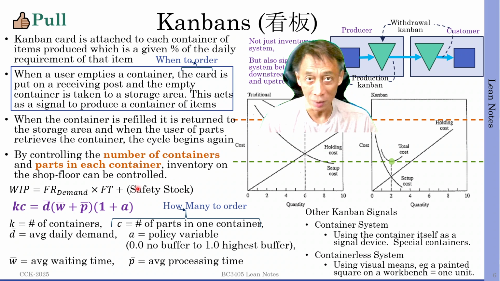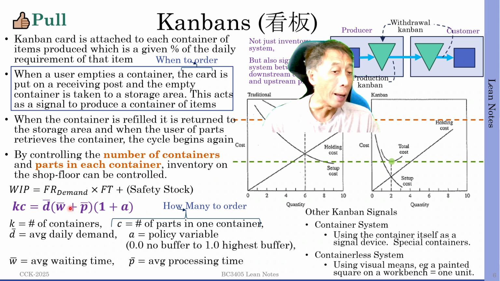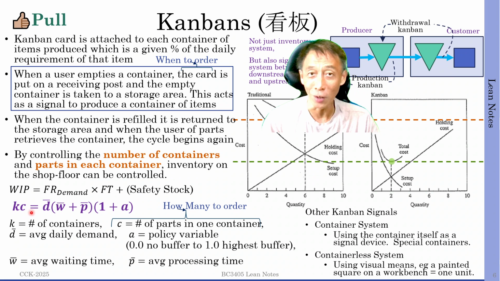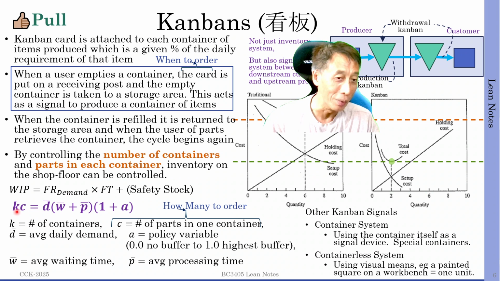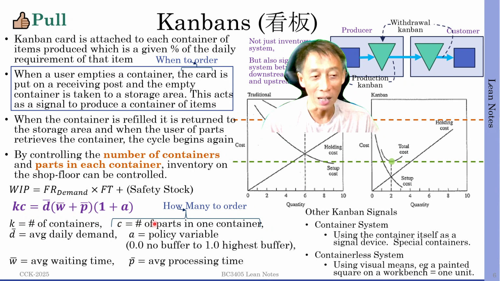So fluctuations in setup time, lead time, and all that. And the formula looks a little bit complicated, but it's actually very simple. K times C is the number of containers times the size of each container. It will give you the size in terms of number of flow units per container. So K times C will give you the overall inventory, right?